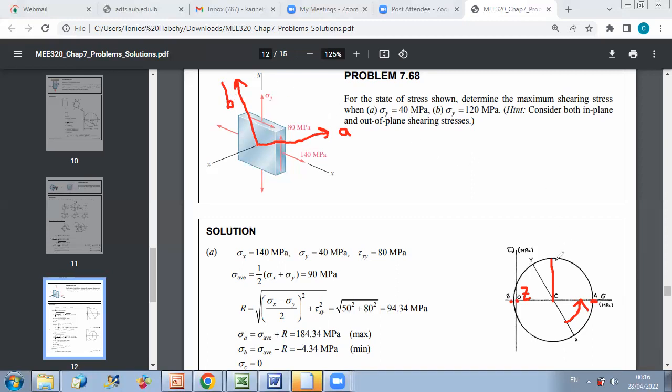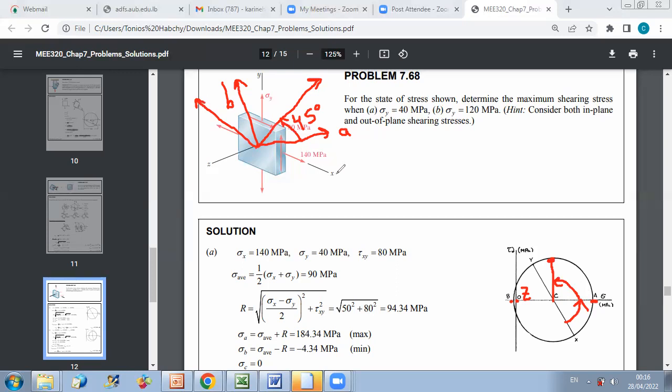To get these axes, you just have to rotate 45 degrees from the principal axes. So if you rotate 45 degrees from the principal axes, you get the direction of the axes corresponding to maximum shear stress.